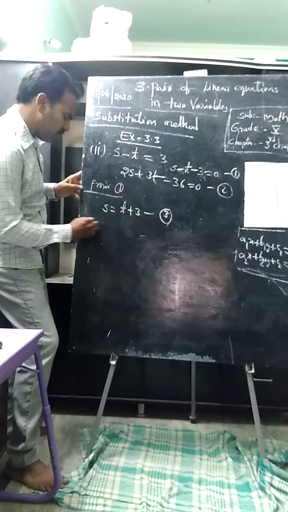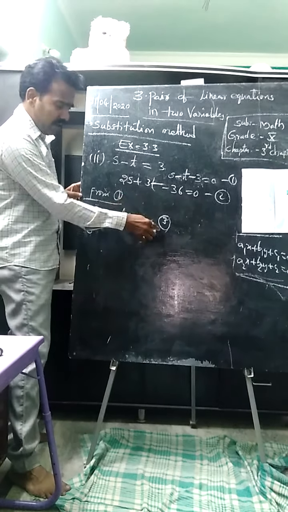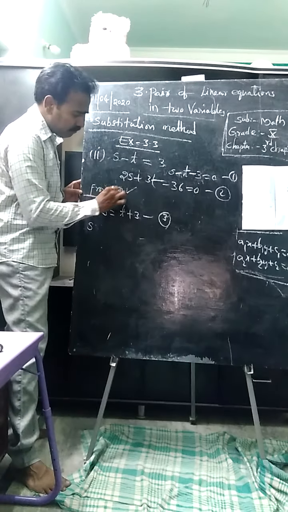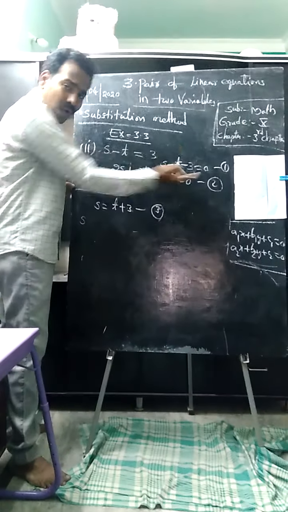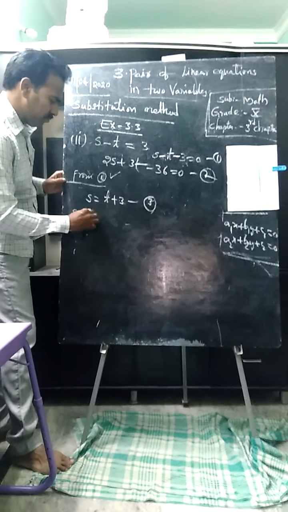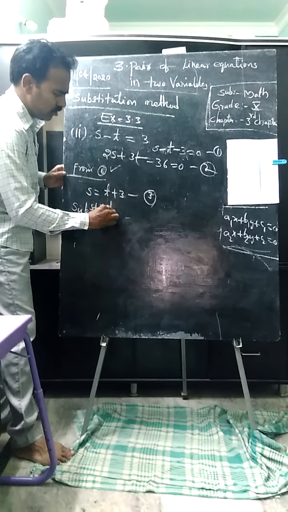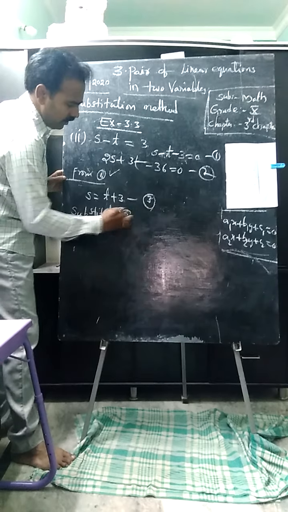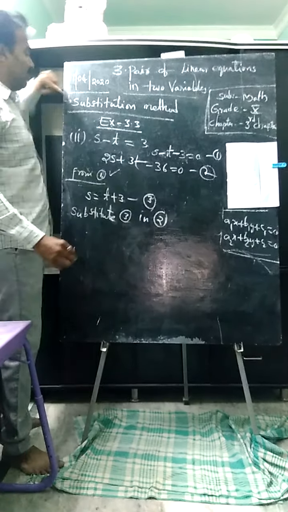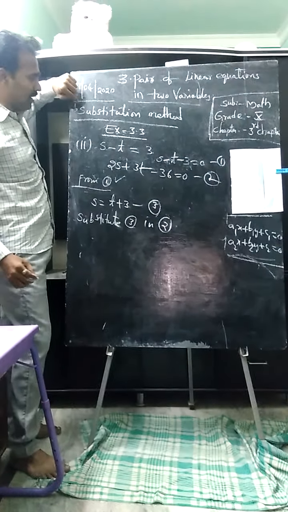So we got the third equation from the first equation. That is why we put this 3 into another equation other than 1. So substitute 3 into equation 2. That is why this method is named the substitution method.